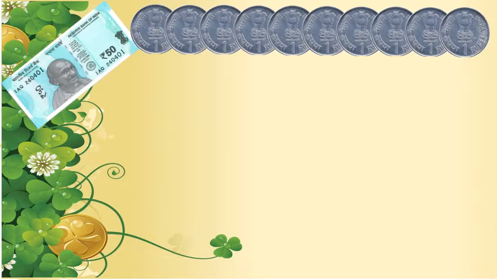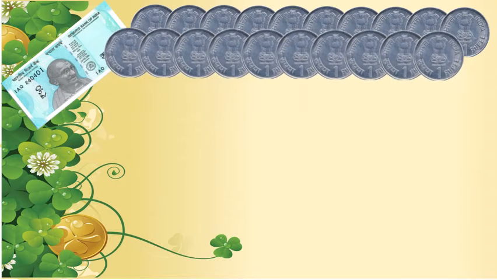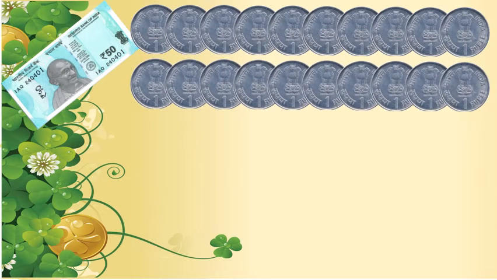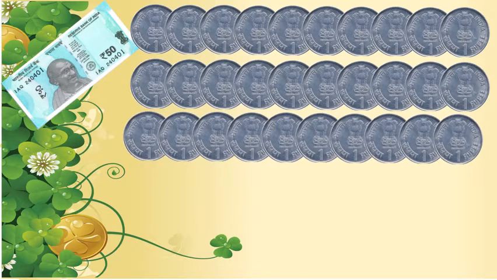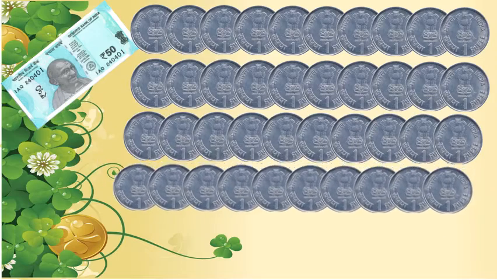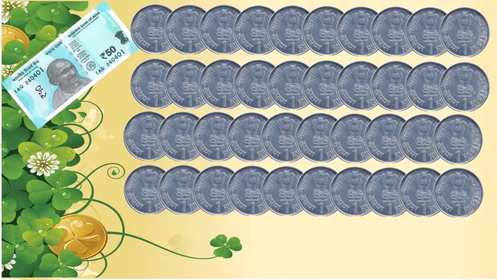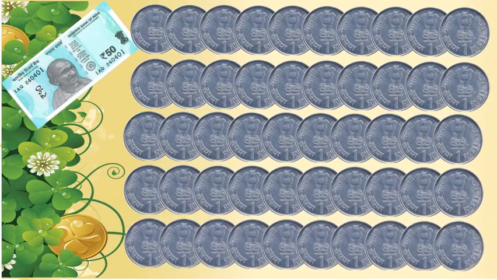Now this became 10 rupees. Now we need 20, 30, 40, 50. Isn't it? Again 10, 10, 10, 10 we need. See, this is 10 rupees and again 10 I will keep here. That became 20. Correct? 20 rupees. Again 10. That became 30 rupees. Again 10. That became 40 rupees. Again 10.